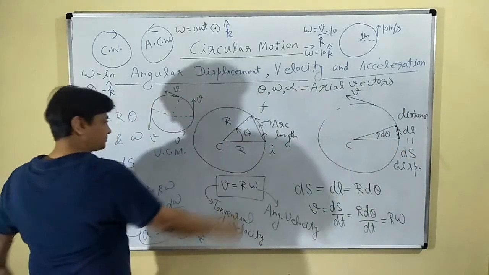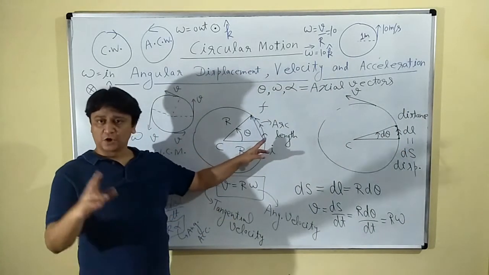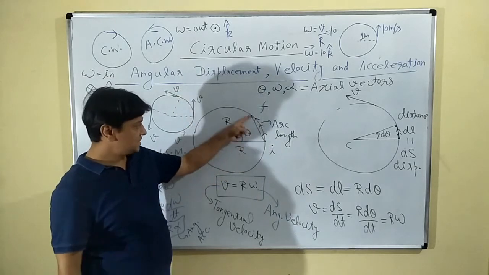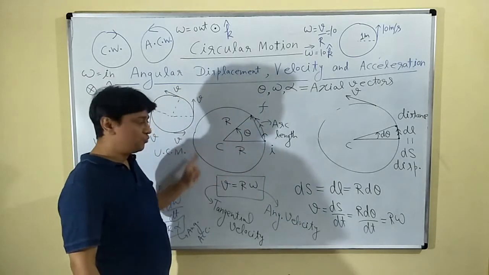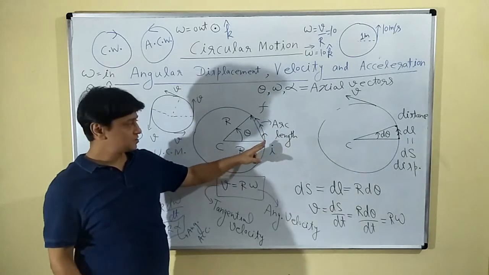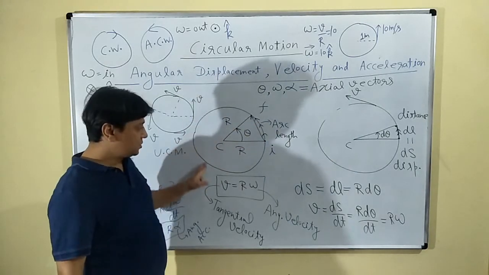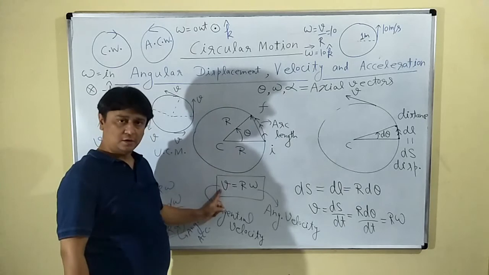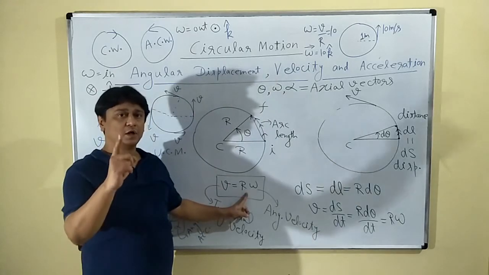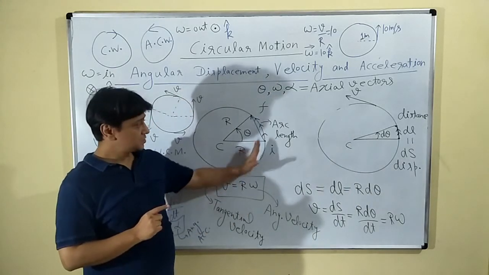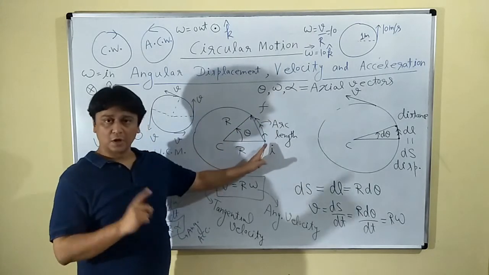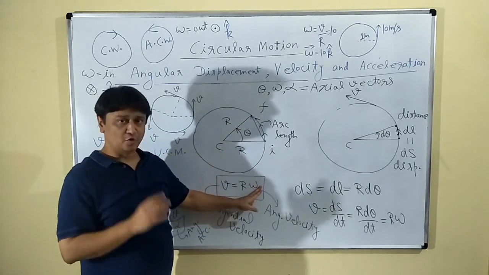Look at this. अगर आपके पास एक ऑब्जेक्ट है और वो एक कांस्टेंट स्पीड से इस सर्कल में मूव कर रहा है, कांस्टेंट स्पीड. अगर स्पीड कांस्टेंट है, इसका मतलब ओमेगा भी क्या होगा? कांस्टेंट. देयर इज नो चेंज इन ओमेगा.